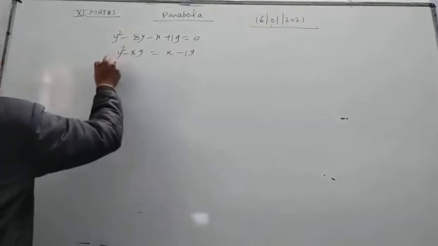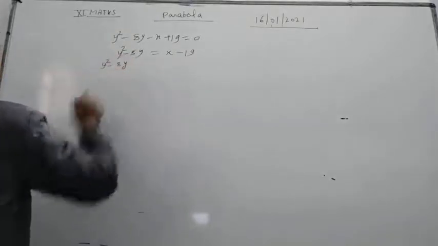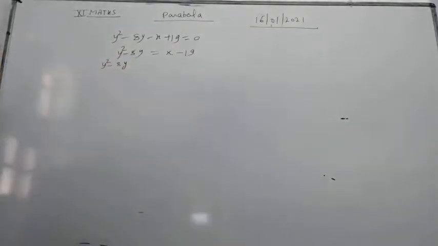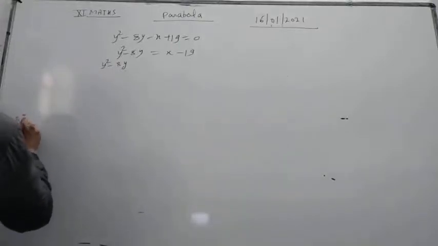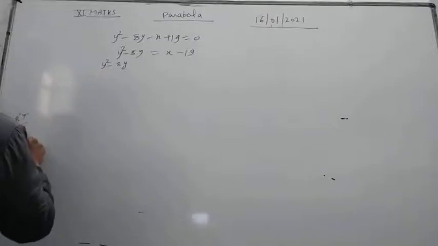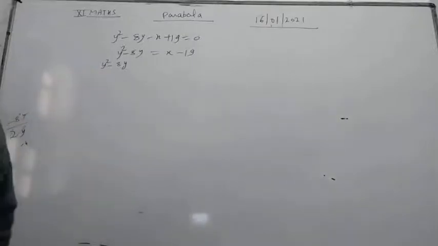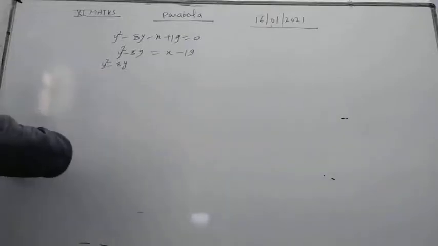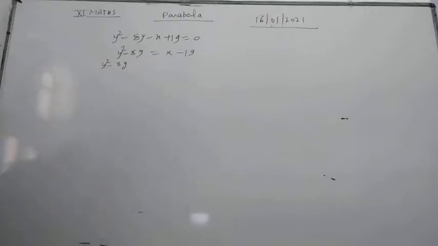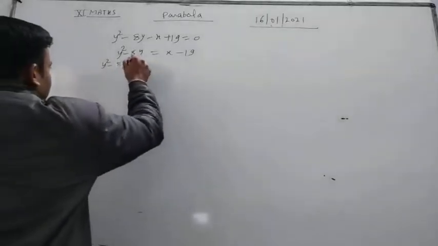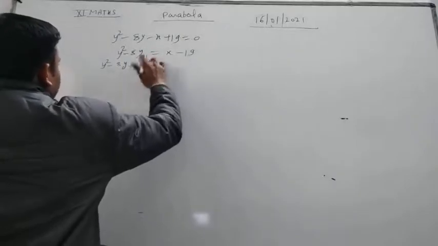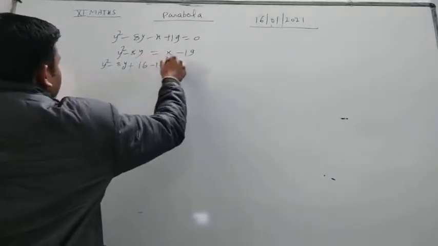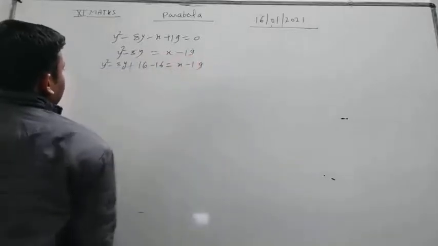Okay. So we write y square minus 8y. Student, this is 2y and divided by minus 8y, so this is minus 4, and whole square is plus minus 4 whole square, that is 16 plus and minus 16, and this is minus 19.